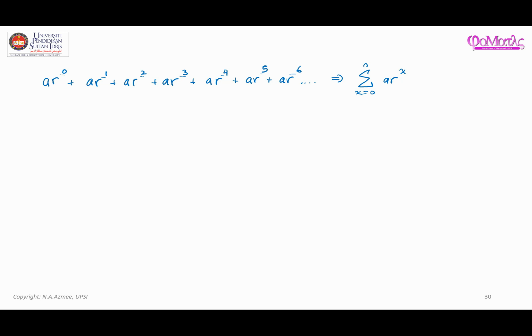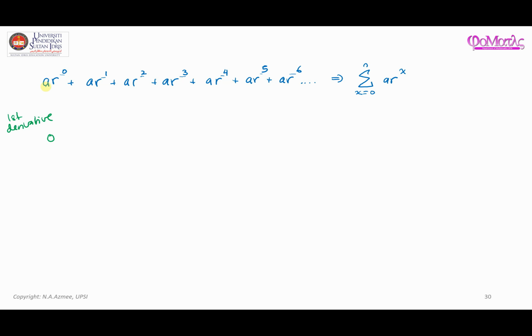Now let's talk about the first derivative. We're just going to differentiate this series and find the sum of it. If you differentiate a r to the power of 0 with respect to r, the result is definitely going to be 0, because r to the power of 0 is 1.